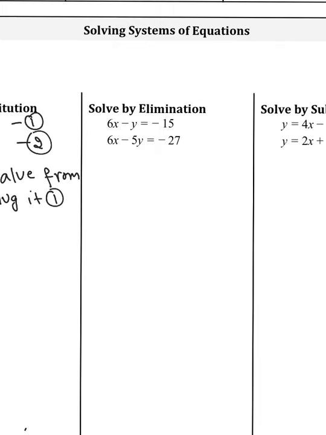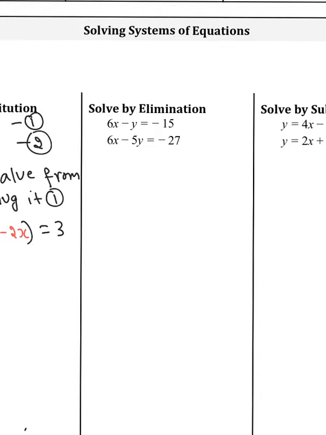Which means 2x plus 3, and this bracket is what I'm going to use to plug in the value for y, and the y value we're going to use is this one right here, 5 minus 2x. That's the y value.